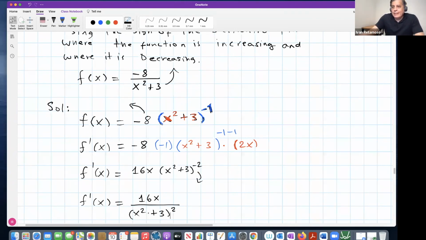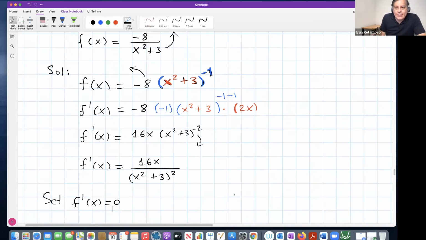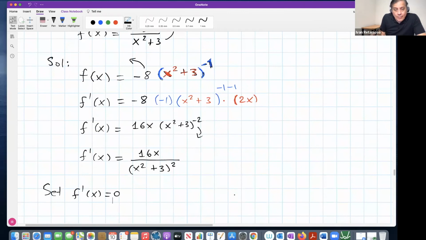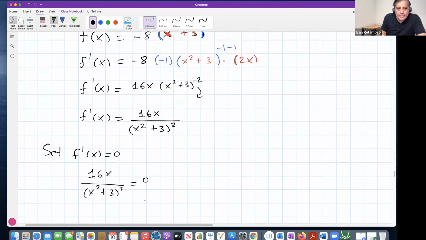Very good. Now, the next step is to set our derivative equal to 0 and solve for x to find our critical points. So we set this guy, 16x over x squared plus 3 squared, equals 0, right? Notice that this guy goes to the other side multiplying.